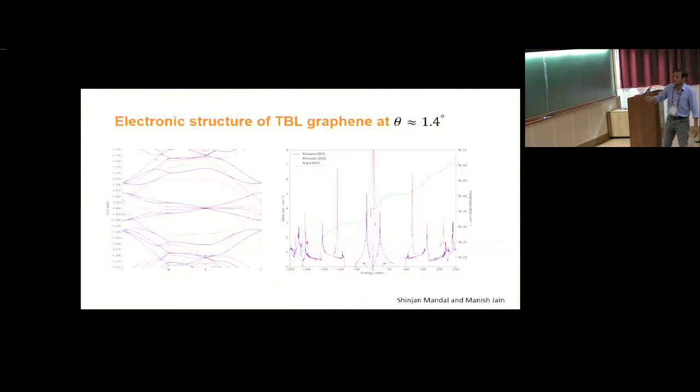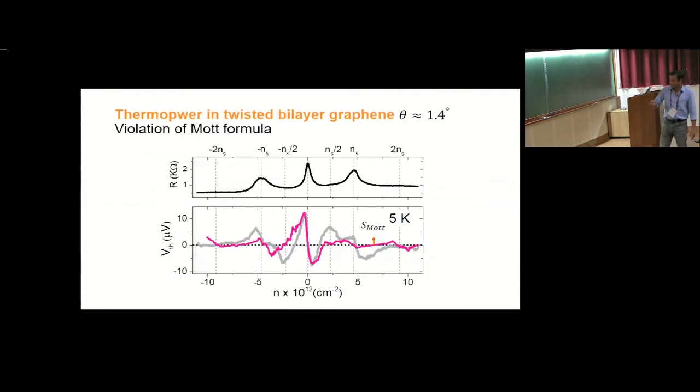We took this data from Shinjun and Manish and converted it to the density of states and looked at what the Mott formula would give us. I don't want to put too much importance on this region, but what's important to realize is that in spite of the fact that the twisted bilayer at 1.4 can have a complex density of states, if I am to obey the Mott formula, the contribution to thermopower at these points must necessarily be 0, like this pink region.